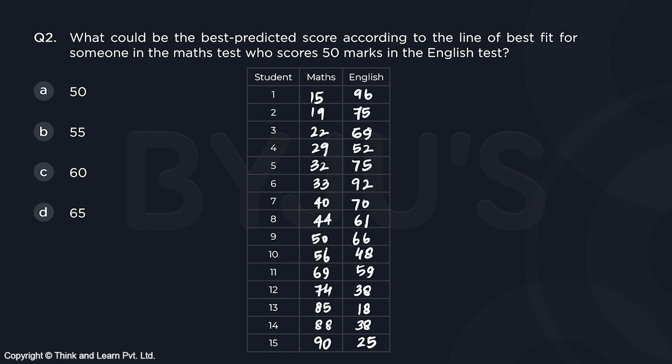Question number 2. What could be the best predicted score according to the line of best fit for someone in the maths test who scores 50 marks in English? So somebody who scores 50 marks in English will lie somewhere between 48 and 59. So their score in maths is going to be between 56 and 69.